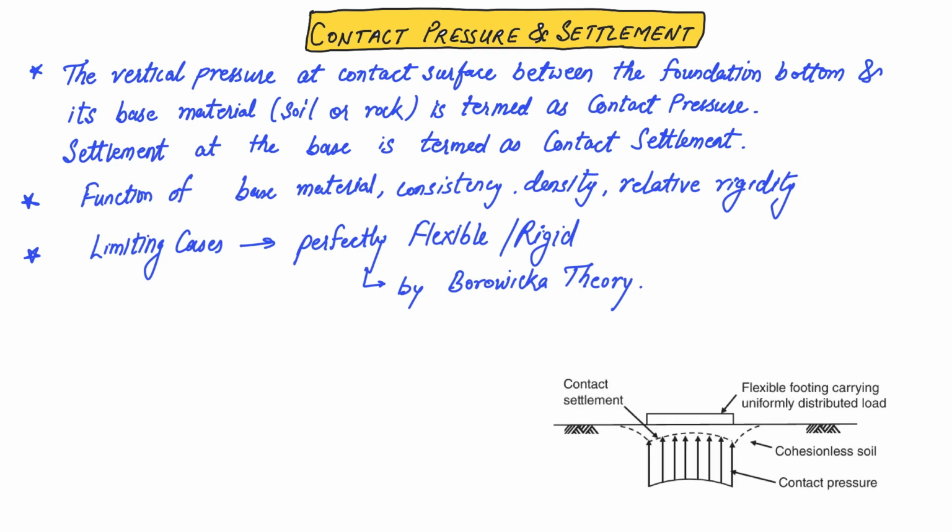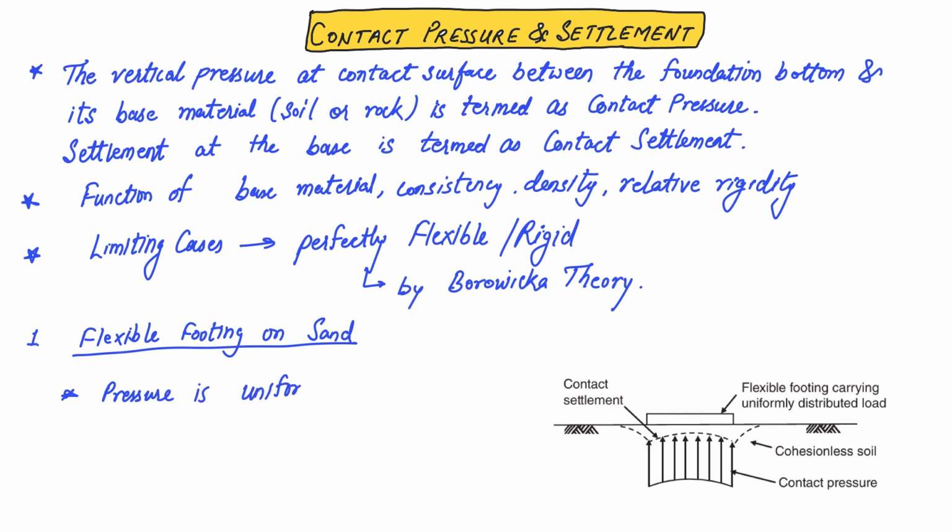Consider a flexible footing carrying a uniformly distributed load on the surface of a cohesionless soil, that is sand. Here the contact pressure is uniform throughout, whereas the contact settlement is not uniform, and the outer edge of the footing undergoes a relatively larger settlement, as you can see here, as compared to that at the center.